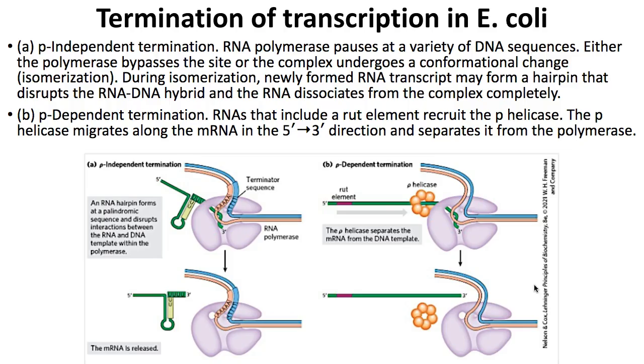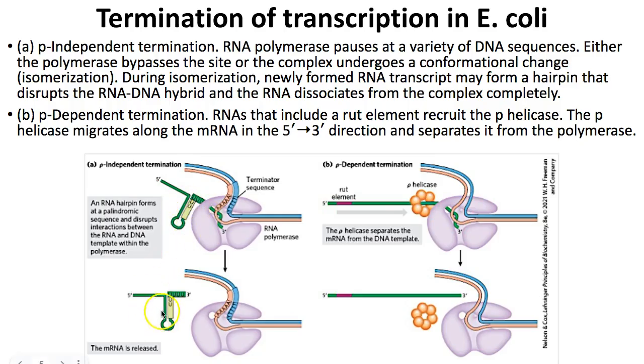As far as the termination of transcription, there are two different methods. You have your rho-independent termination, and that's when the polymerase bypasses the site, or the complex undergoes a conformational change that ends up producing an RNA transcript that has a hairpin.